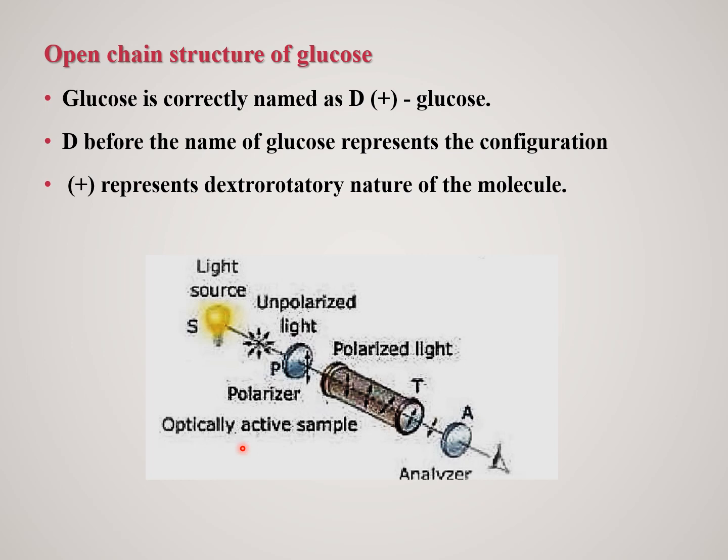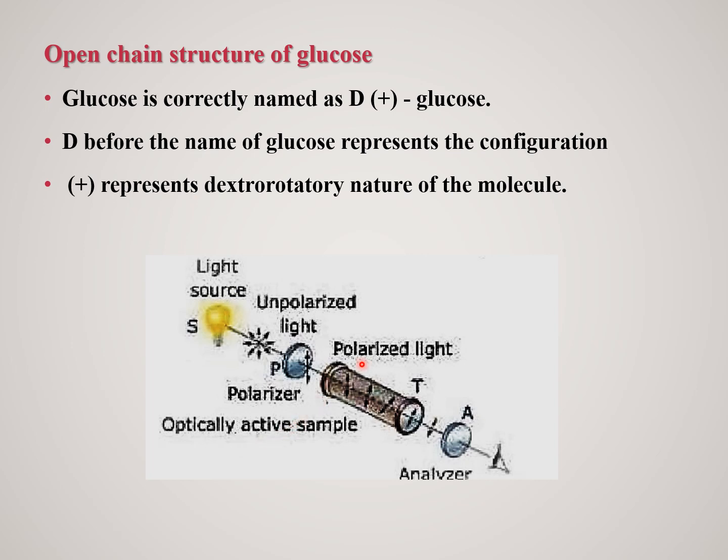Now, before we go to understand the polarimeter, I would like to throw some light on the aspect that we are discussing now. It was observed that compounds which are optically active are able to rotate the plane of polarized light.